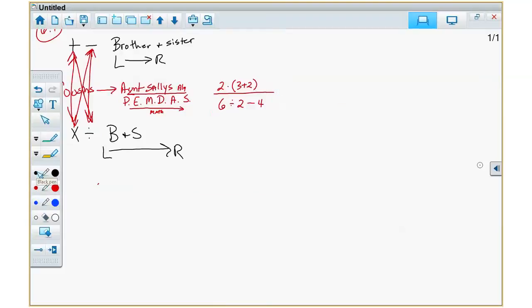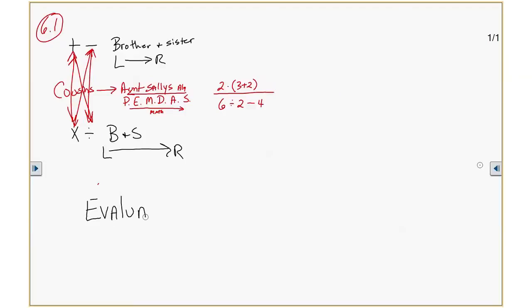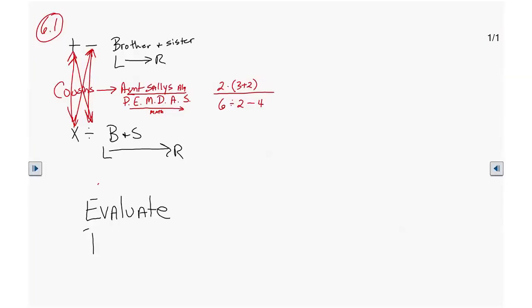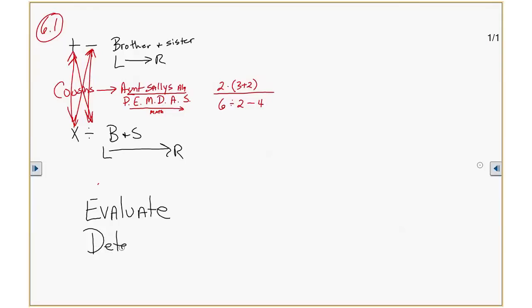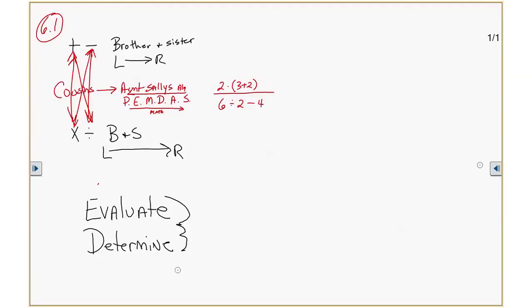Y'all are impressed, aren't you? These two words. Whenever you see those words, that means plug and chug.